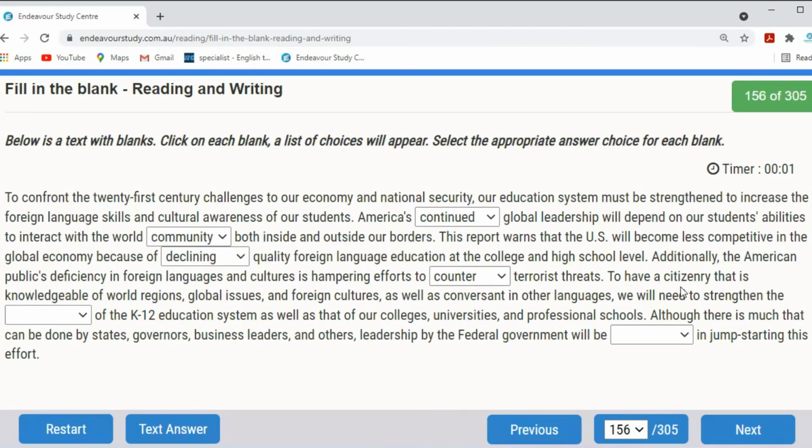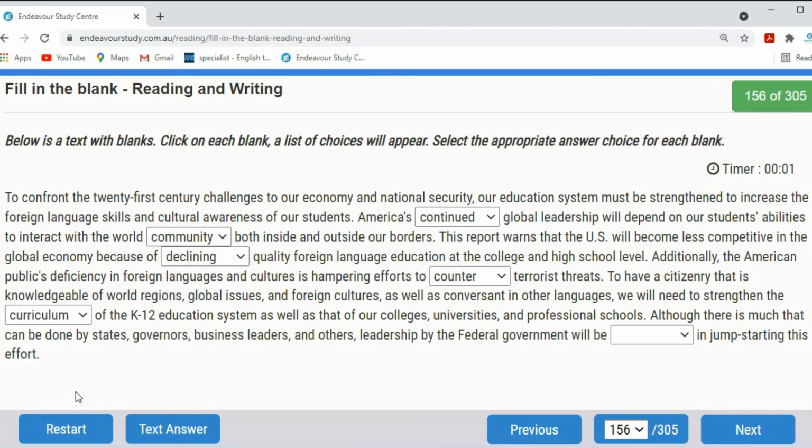To have a citizenry that is knowledgeable of world regions, global issues, and foreign cultures, as well as conversant in other languages, will need to strengthen the dash of K-12 education system. So what should we do here? Curriculum. K-12 is a very common phrase, a kind of curricular system.